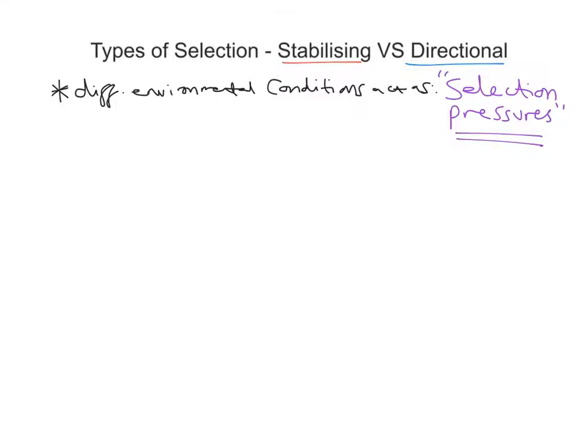Now these environmental factors may be biotic or abiotic. Now by that I mean living or non-living. So let's just make a little note of that. So these selection pressures can either be abiotic or biotic. And if we were to put an example to these, a non-living component could be, for example, the level of rainfall or precipitation.